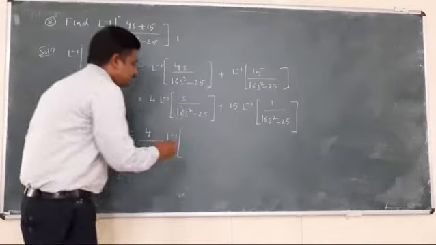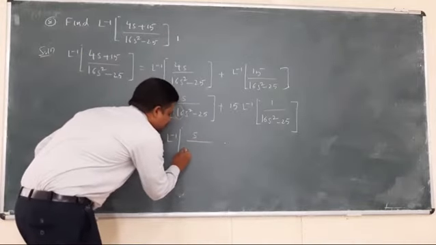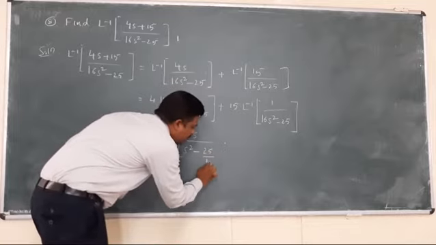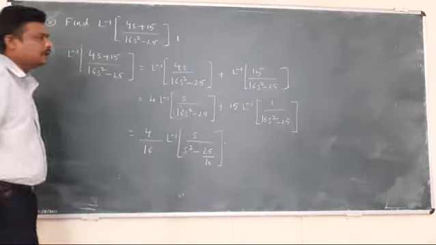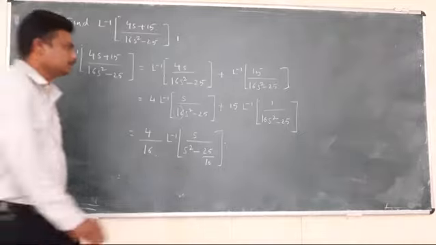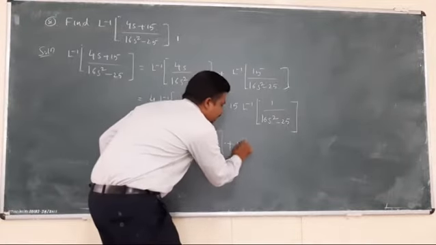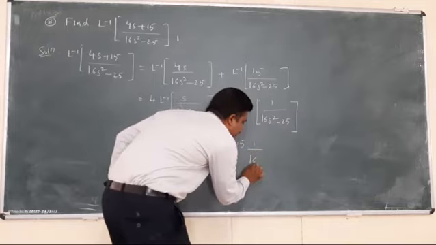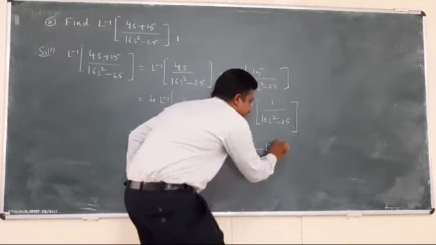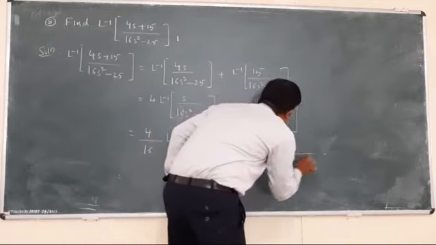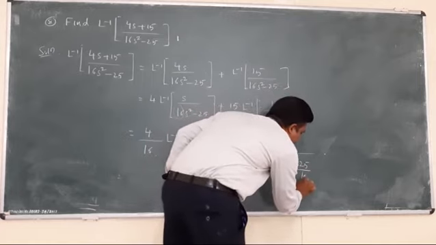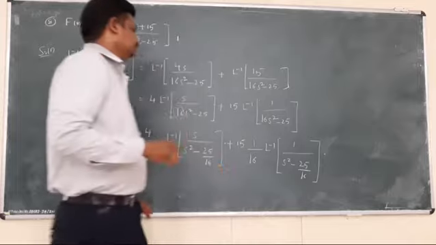4 over 16 L inverse of s upon (s square minus 25 upon 16), because here I have taken 16 as common, plus 15. Here also I will take 16 common from the denominator: 15 over 16 L inverse of 1 upon (s square minus 25 upon 16).